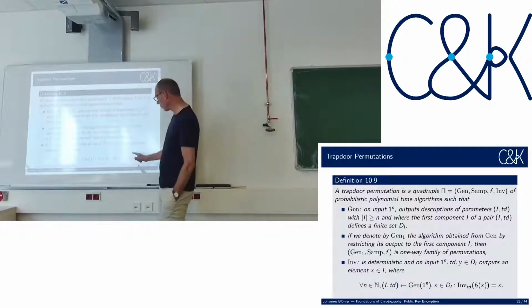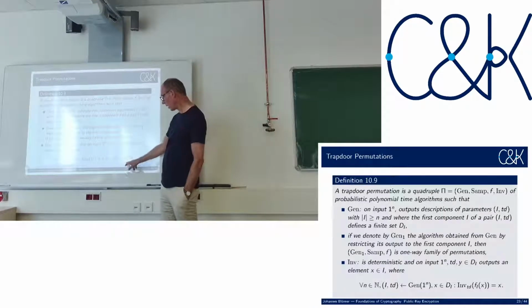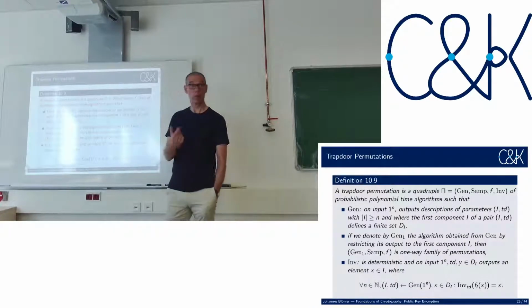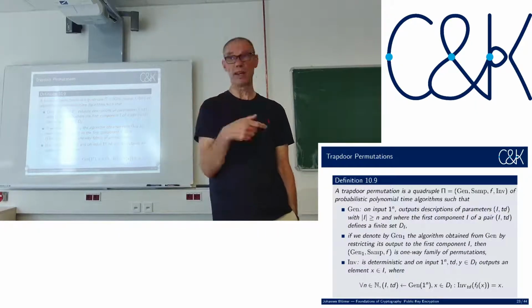And I'm talking here about permutations. So if I give it f_I of x, there is just one preimage that maps to this f_I of x, namely x itself, because we're talking about permutations.